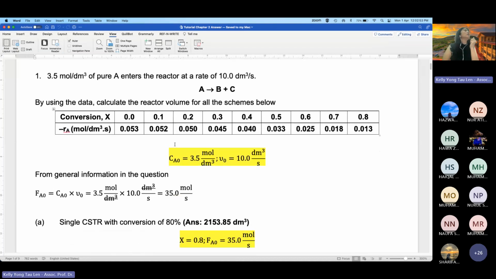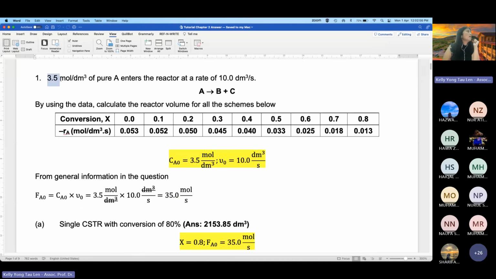So the first question is that 3.5 mol per dm cube of pure A enters the reactor at the rate of 10 dm cube per second. At this stage, in Chapter 2 questions, even for Test 1, it's very important for you to really know what the number given to you represents.